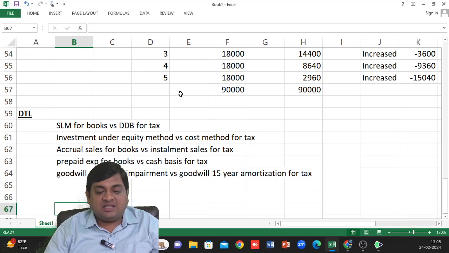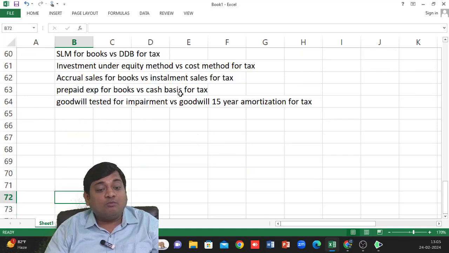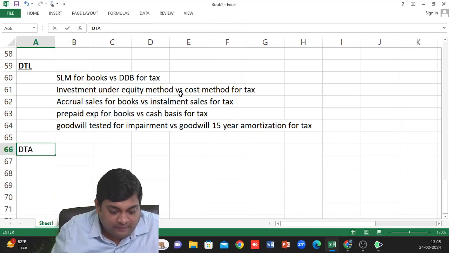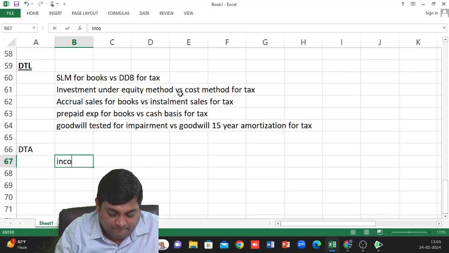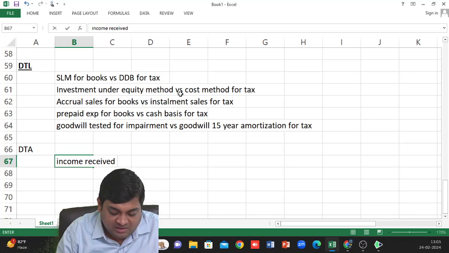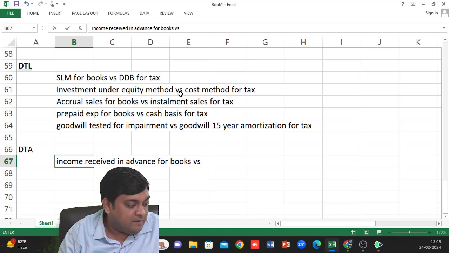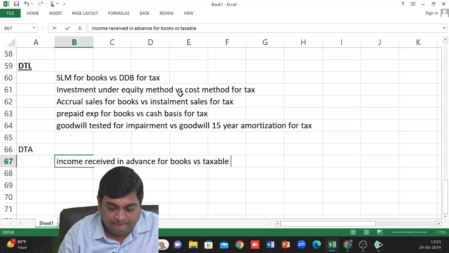And there are some cases where we are paying more today and we will pay less in future. DTA. Income received in advance for tax, books versus taxable.